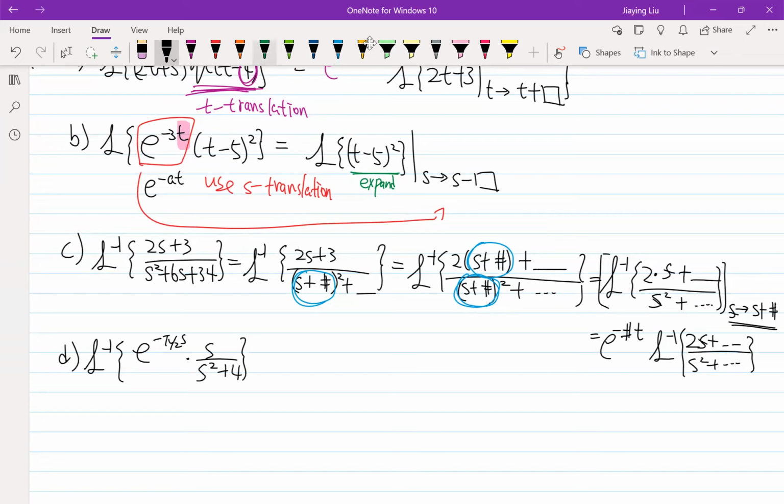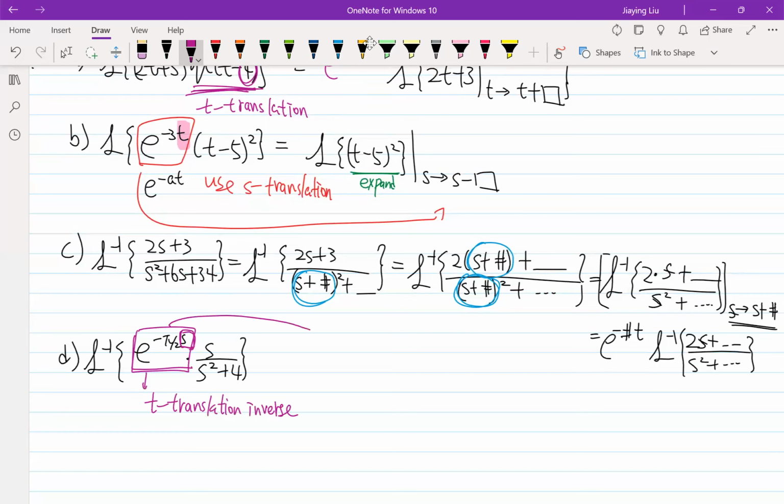So for this one, when we're finding the inverse Laplace transform, and inside we have an exponential expression with s, in this case e to the negative pi over 2 s, right? This is the indicator that we're going to use the t translation, inverse.